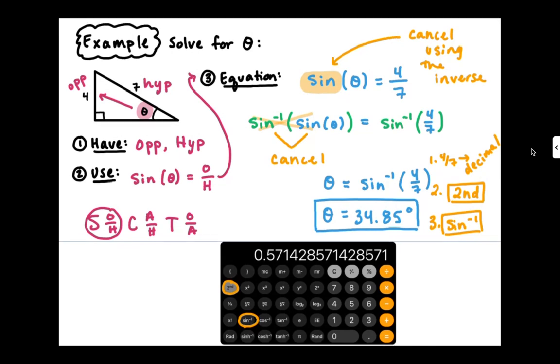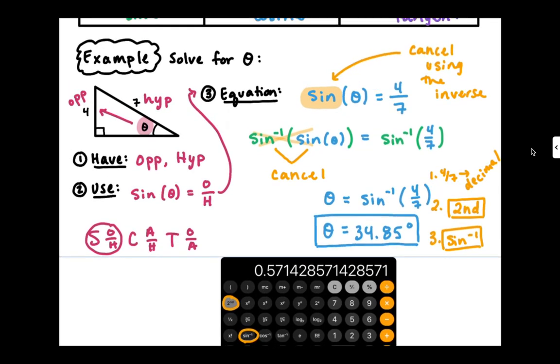Okay, so there's the whole problem together. I'm just going to recap it really quick because that was maybe a lot. So we started with our triangle and our missing unknown angle. We figured out which sides we had, so we labeled our triangle opposite, adjacent if needed, hypotenuse, and determined that we had the opposite and we also had the hypotenuse.